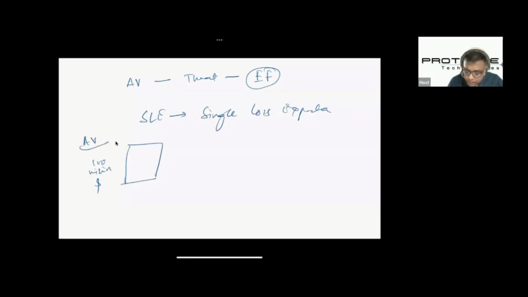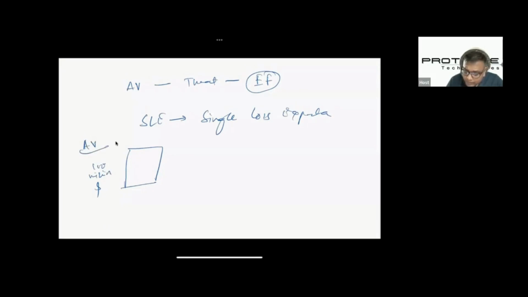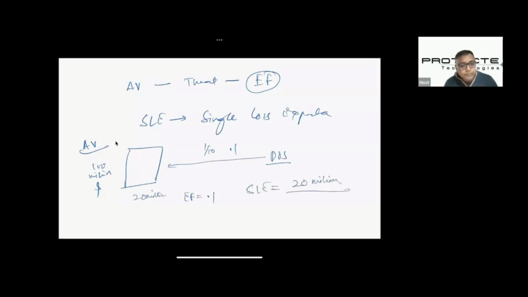This is the asset value. The chances of a denial of service attack are 1 by 10, that is 0.1. So exposure factor is 0.1. And if the denial of service attack materializes, my losses are $20 million. That means single loss expectancy is equal to 20 million. Clear till now?